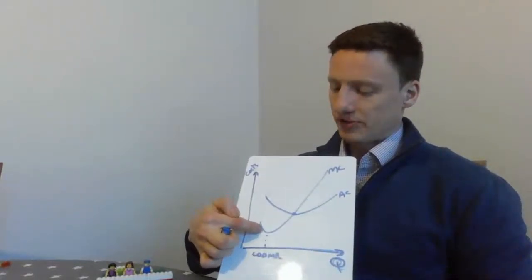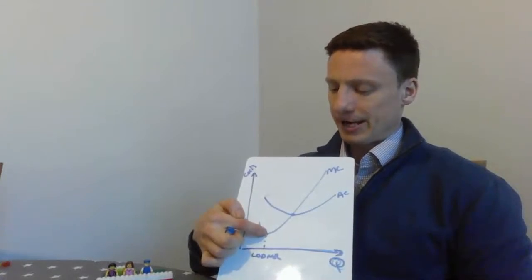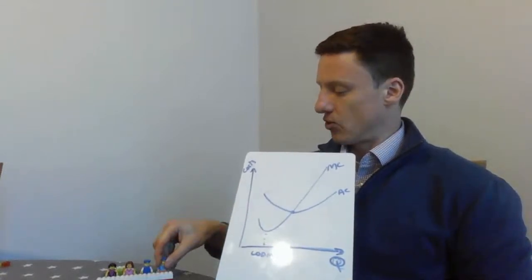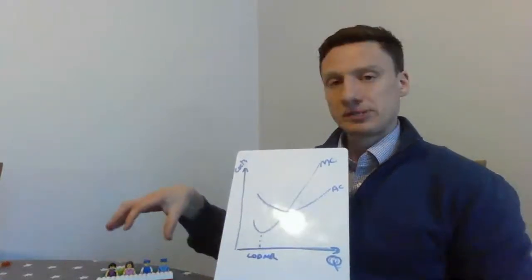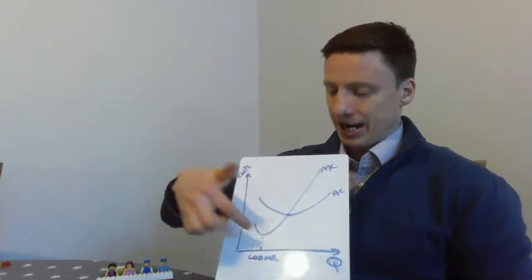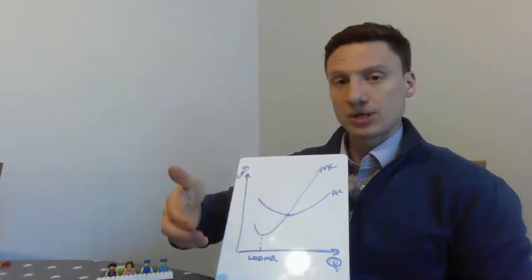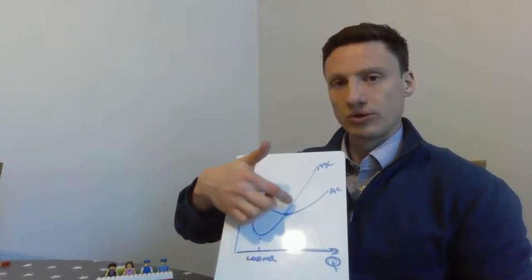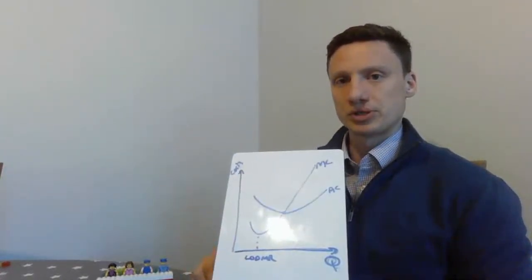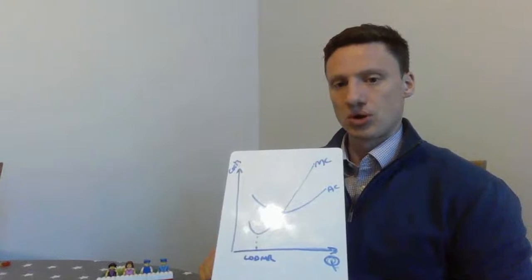So what we've done here is we've come down here, and now we're probably at the point where if we added a 4th member of staff, the factory space becomes a constraint. Although total output will increase, it will increase at a diminishing rate. And that's where we get the law of diminishing marginal returns and increasing marginal costs.